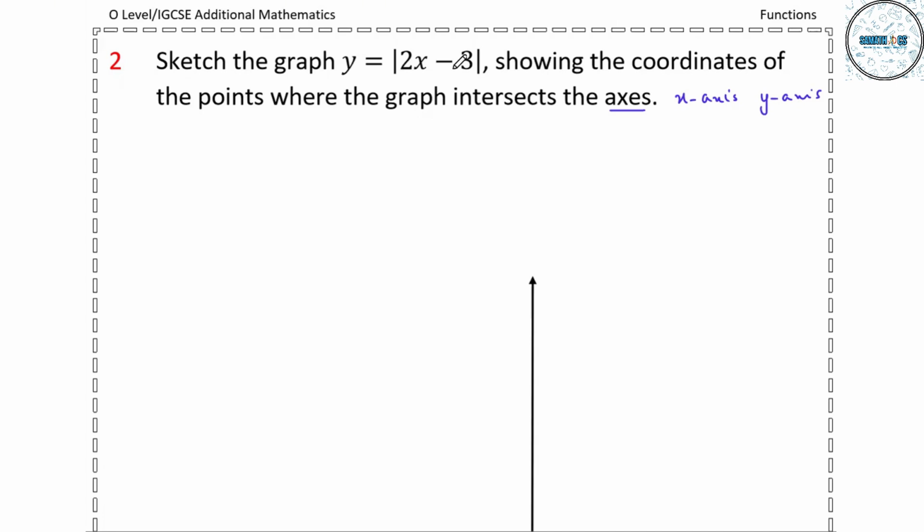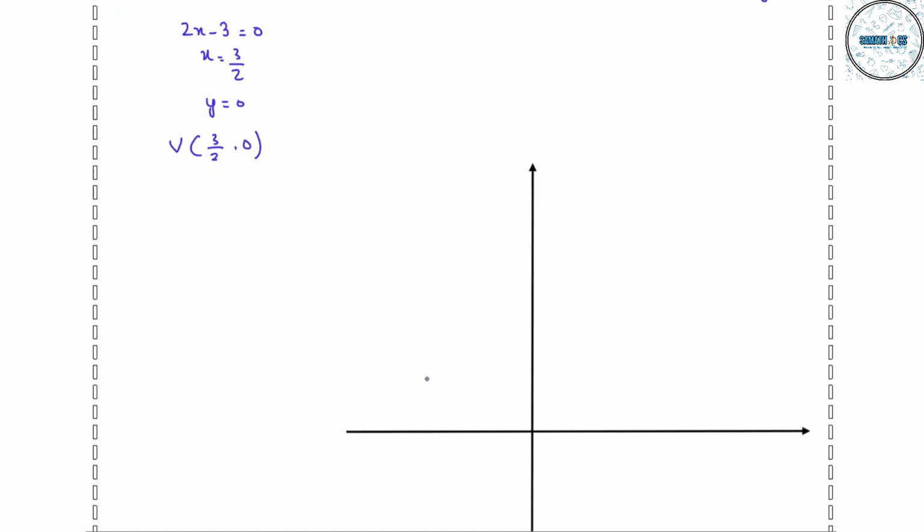Another way is first take out the vertex and then the x-intercept and y-intercept. For vertex, we have to equate 2x minus 3 to 0. X is equal to 3 upon 2. And if the whole expression is inside the absolute sign, then the y value at vertex is 0. So y is 0. So vertex is 3 upon 2, comma 0. And we'll mark this on the grid.